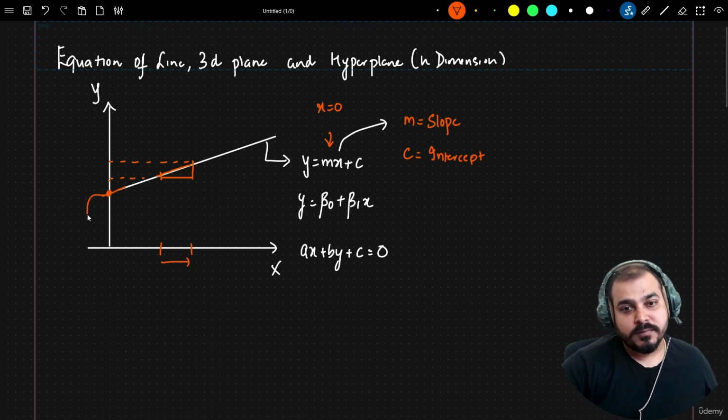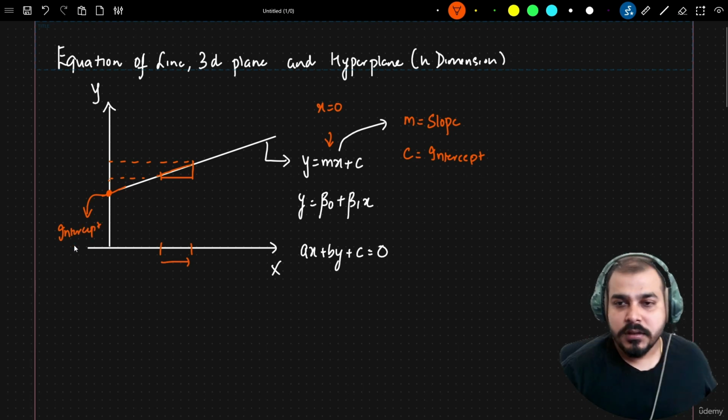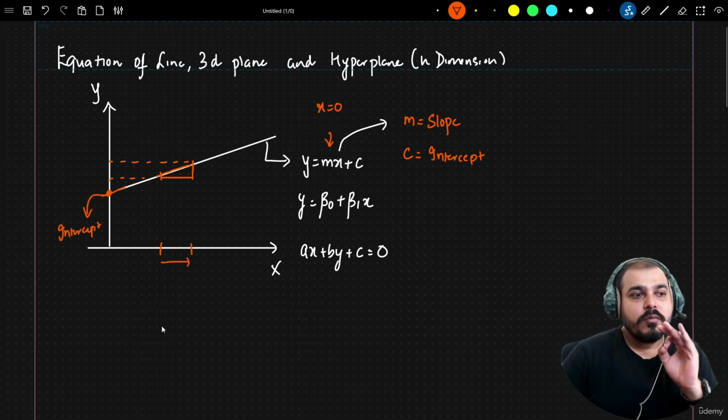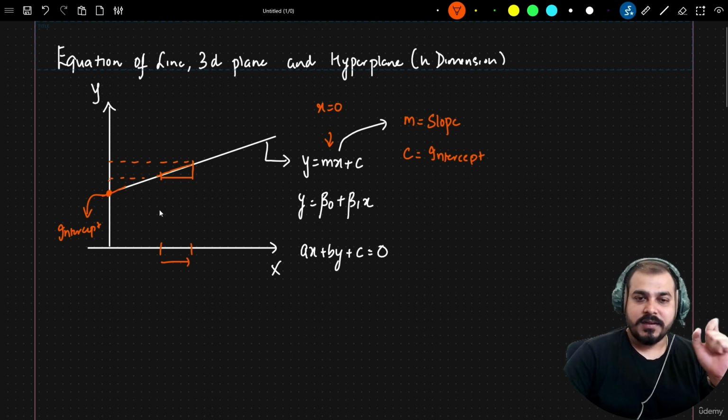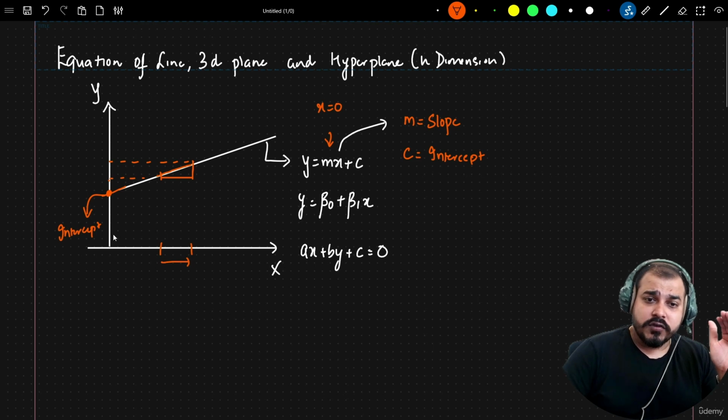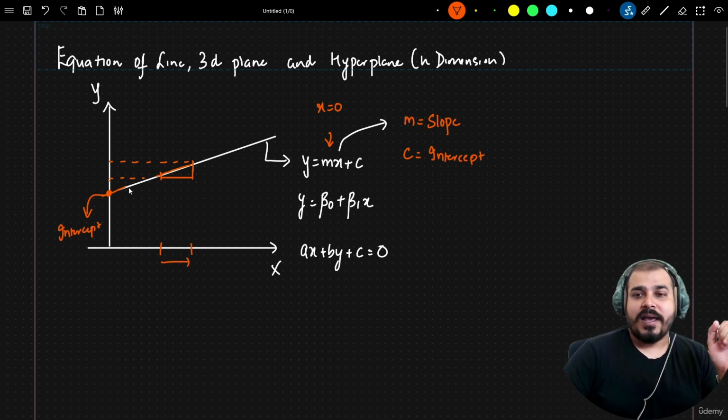So this point is my c or intercept. Very simple. Slope says that with a unit movement in the x-axis, how much movement is there with respect to the y-axis. The second thing is that when my x value is 0, y is equal to c, because at x equal to 0, this indicates where the straight line meets the y-axis.